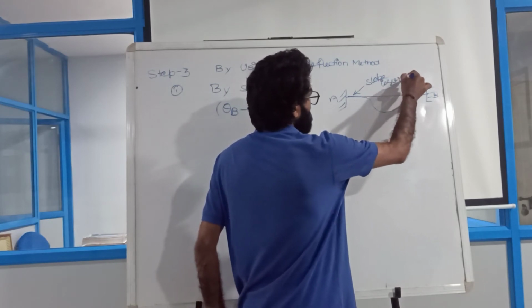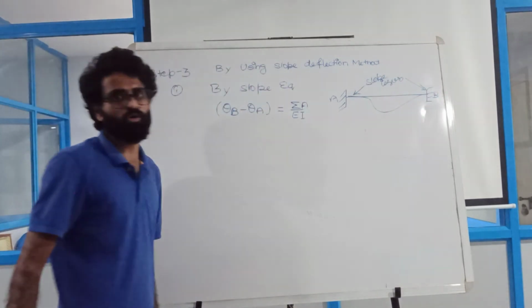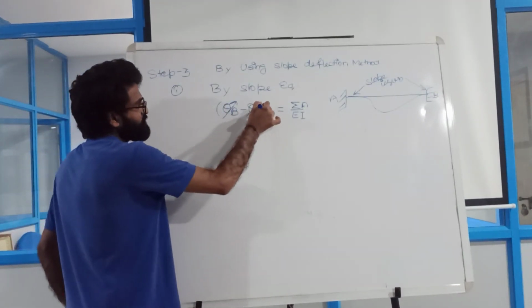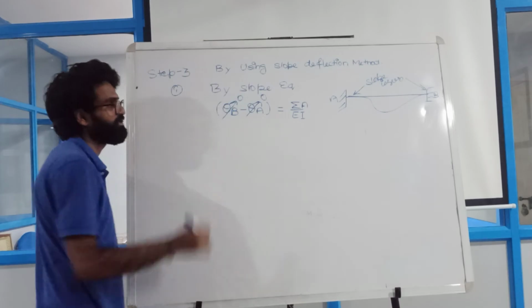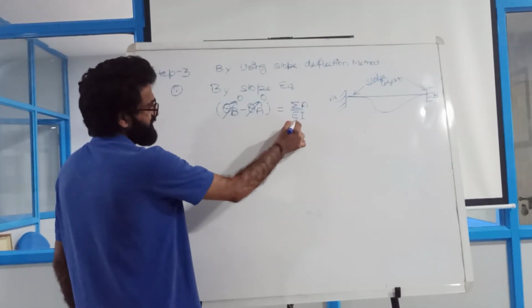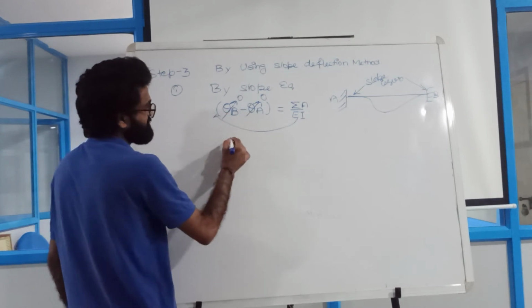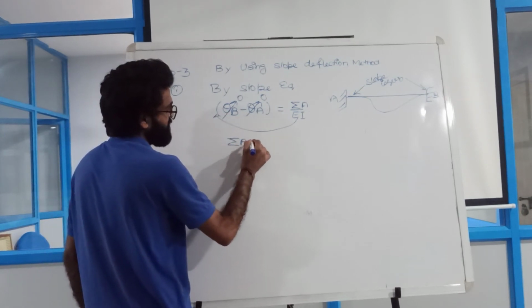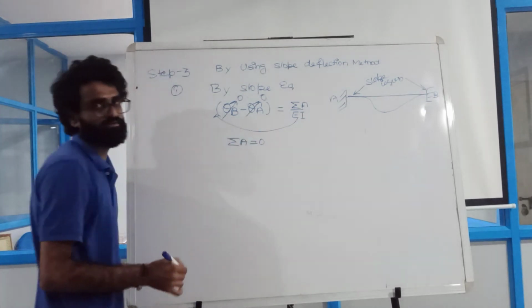Similarly, the slope at B is also 0. So at both points A and B, the slope value is 0. So EI will also go to this side, and similarly I can say that summation of A is equal to 0.